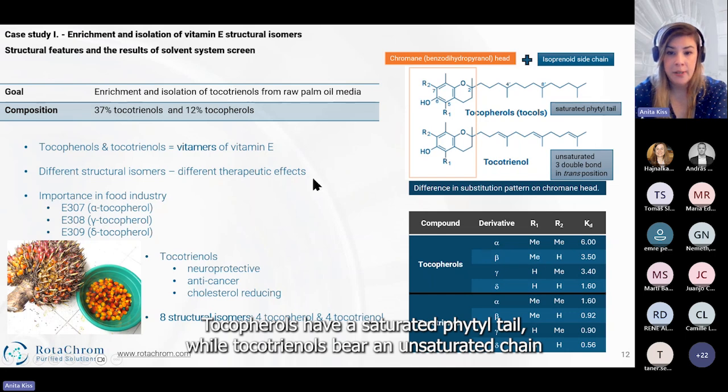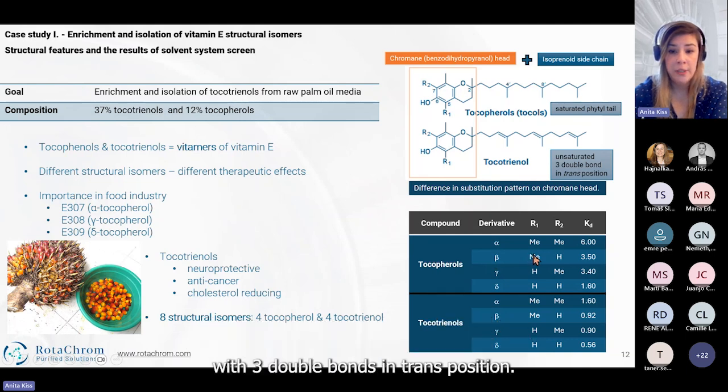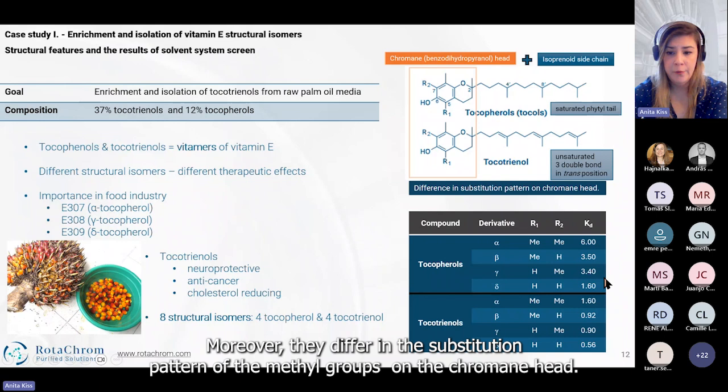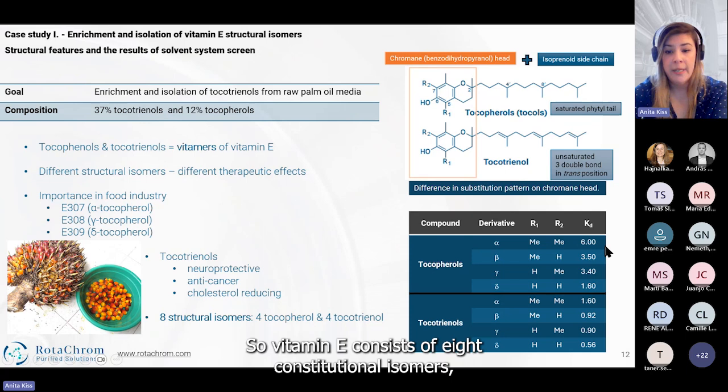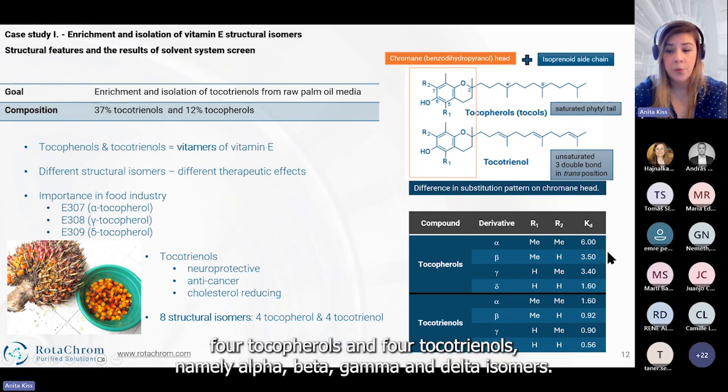Tocopherols have a saturated phytyl tail, while tocotrienols bear an unsaturated chain with 3 double bonds in trans position. Moreover, they differ in the substitution pattern of the methyl groups on the chroman head. So vitamin E consists of 8 constitutional isomers, 4 tocopherols and 4 tocotrienols, namely alpha, beta, gamma, and delta isomers.